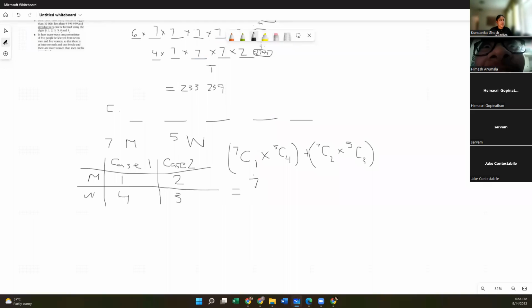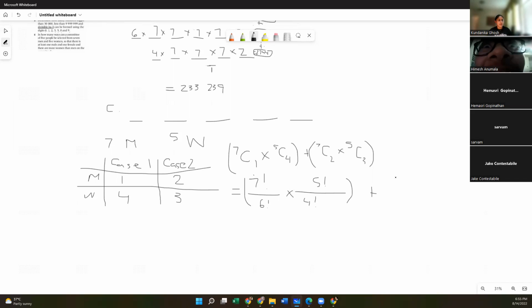Okay, so you have 7 factorial over 1 factorial, which is just 1, times 7 minus 1 factorial, which is just 6 factorial, correct? Times 5 factorial over 4 factorial times 5 minus 4 factorial, which is just 1. Again, we don't have to write anything for that.